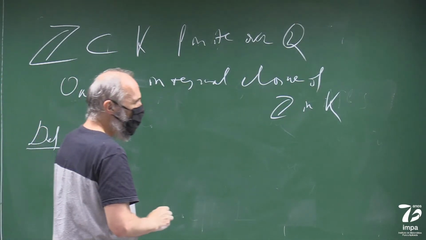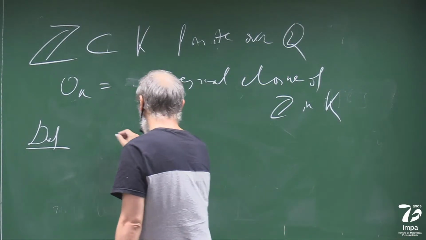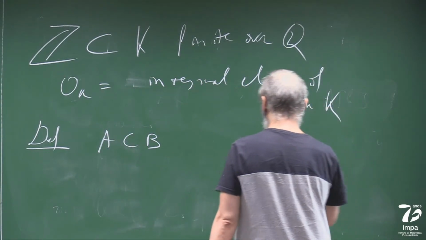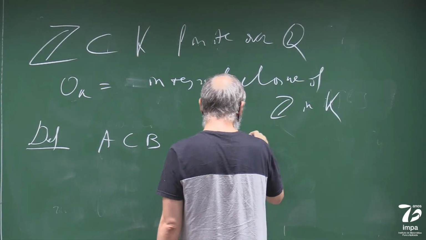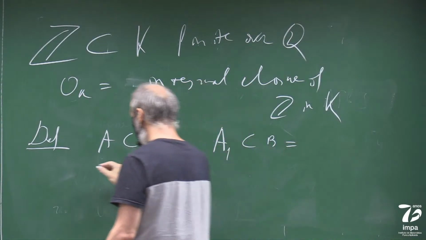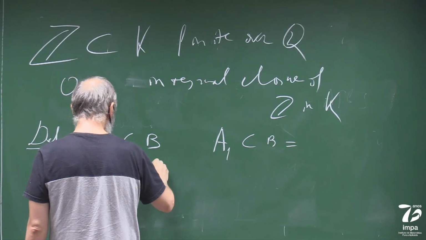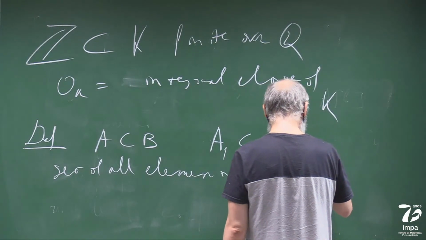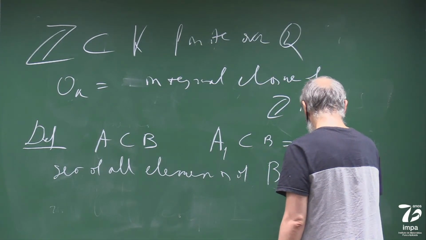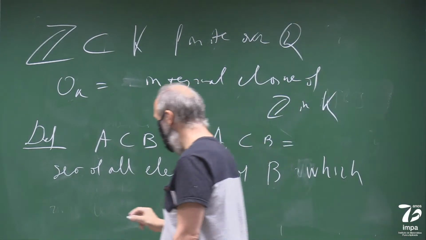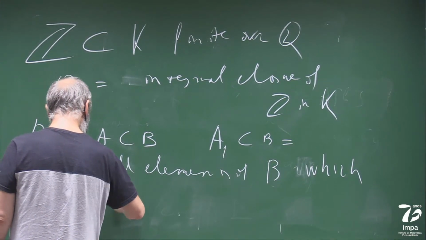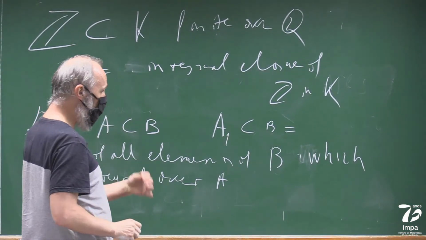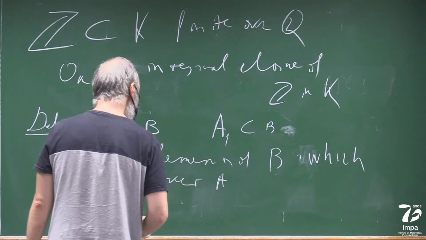Definition. Suppose you have a ring A inside B. Then consider the set of all elements of B which are integral over A. This is a subring, as we just discussed. Let A1 inside B be this set.